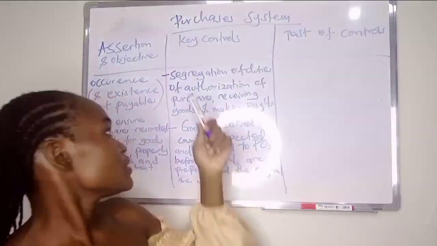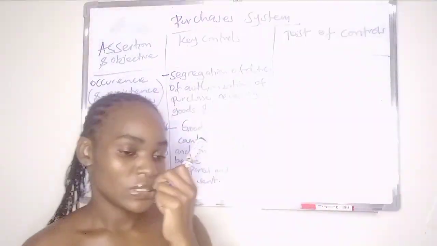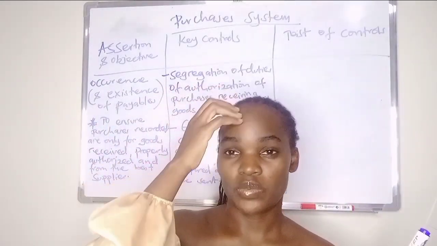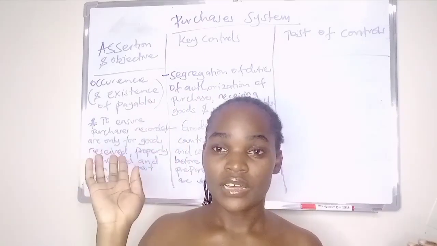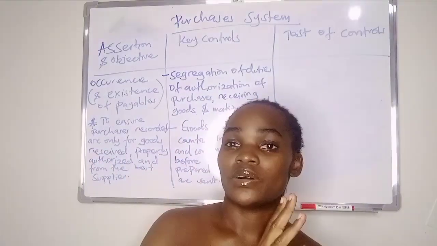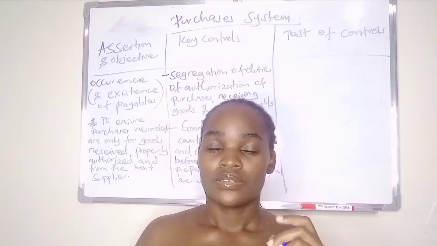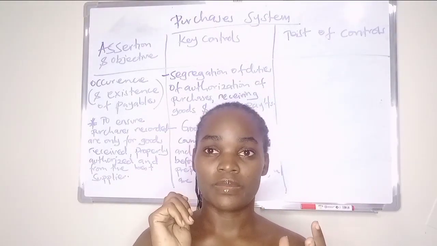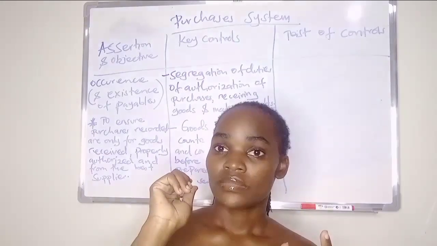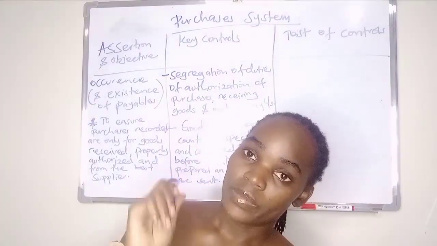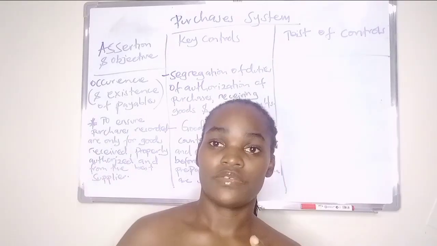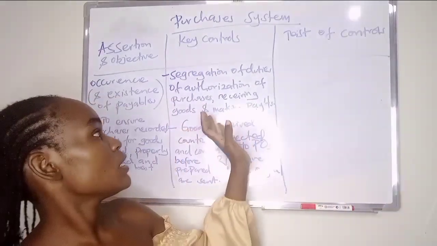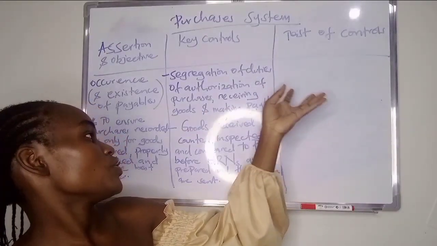For segregation of duties, the auditor is supposed to observe and see if there is proper segregation of duties, to see if the person that approves the purchases is different from the person that receives the goods, and different from the person that makes the payments. That's the test of control here.